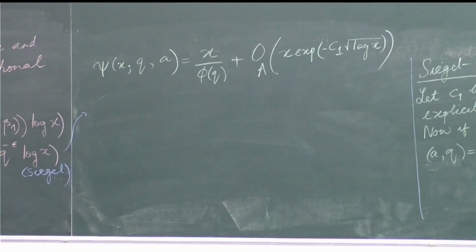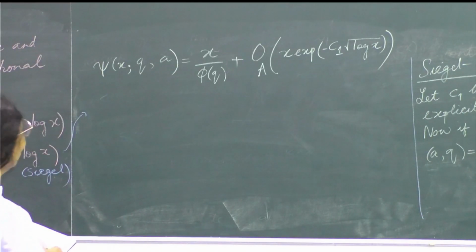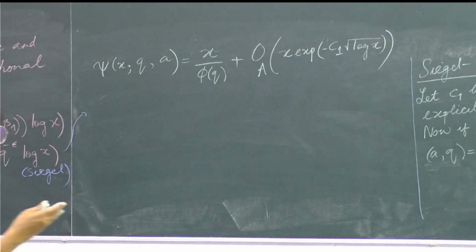This is with x, q, a, and the other one was with x, chi. That was for the corollary, depending on the character. That was for the quadratic character, when we first had the explicit formula and how we got an asymptotic.